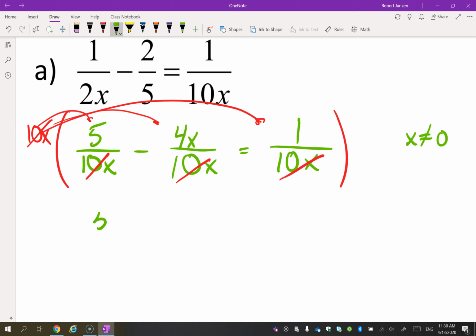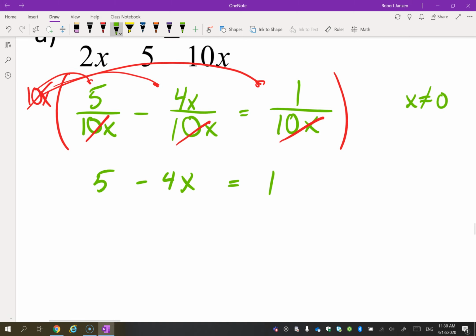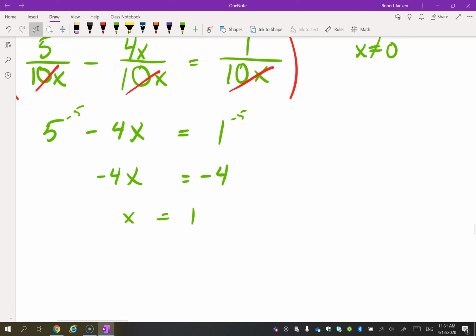And it leaves me with just 5 minus 4x equals 1. And now I'm just going to do good old-fashioned algebra. Divide by -4, x is 1. A quick check. Can x be 1? Yes, it can be 1. It just can't be 0. So there is my answer. And I'm going to put it in a set bracket like that.